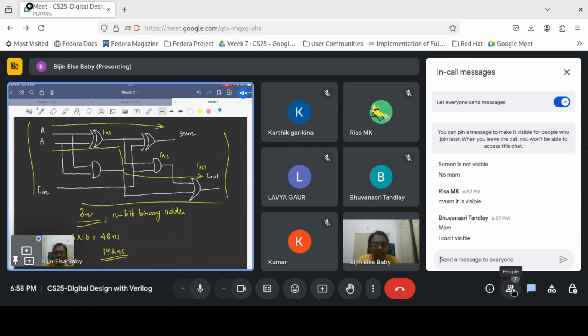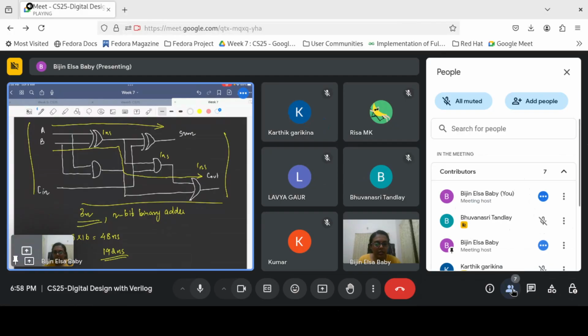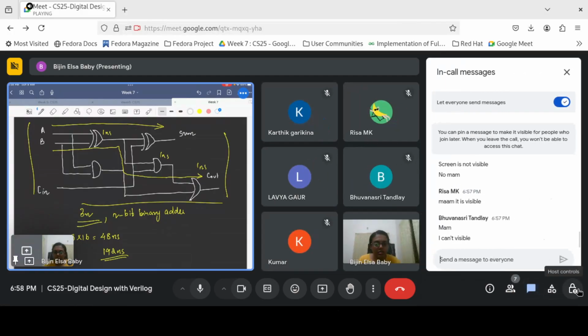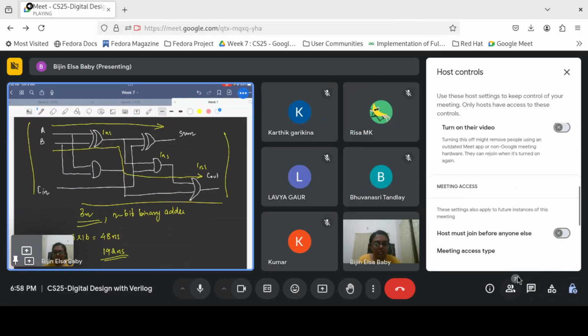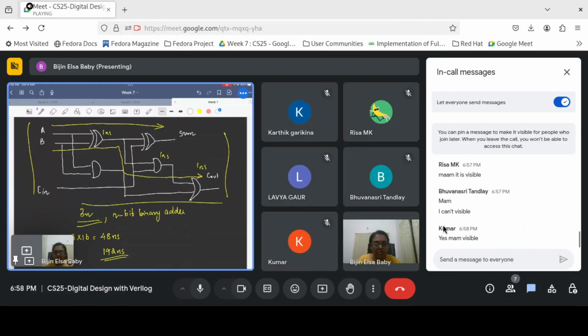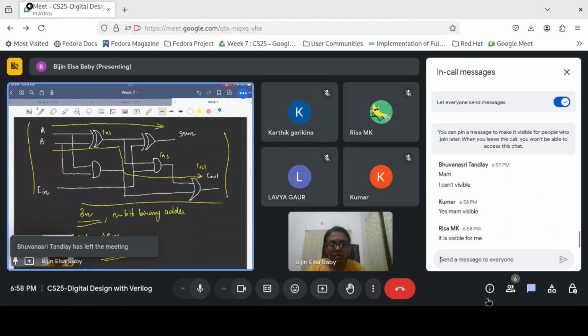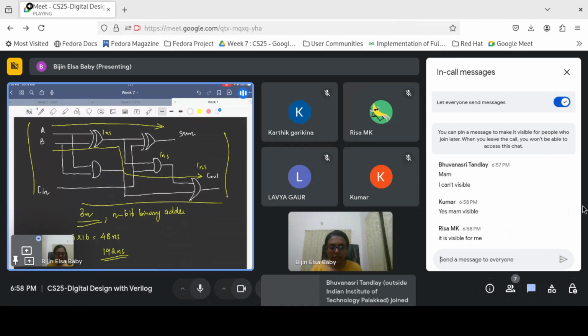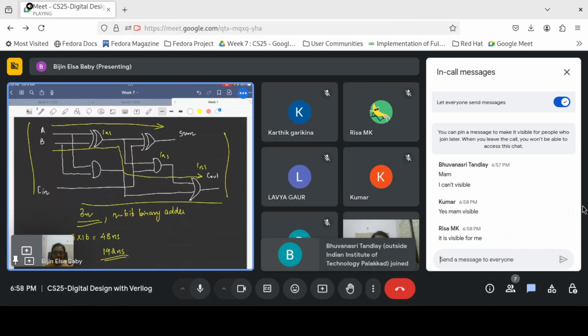Is it visible for everyone? So can I continue? Is this clear?